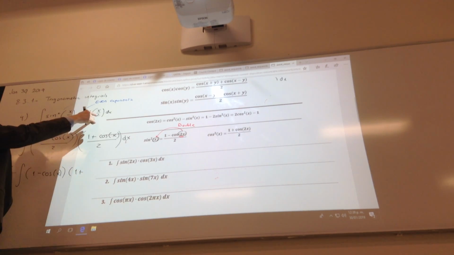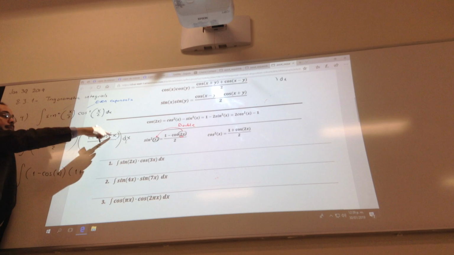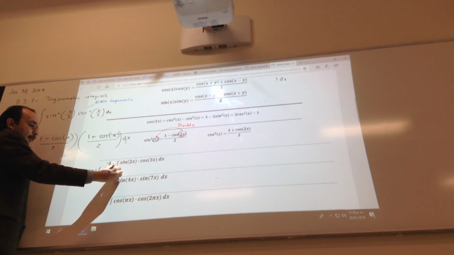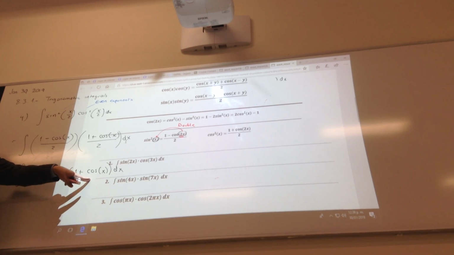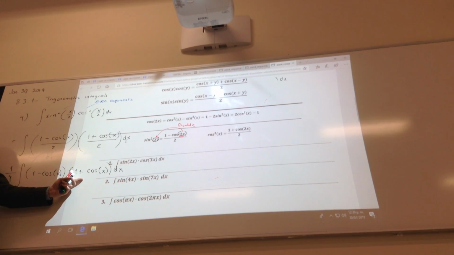Porque es el doble del argumento. Si el argumento se empieza entre 2, el doble ¿cuánto es? 1. Okay. Now what? We're going to multiply this times this. 1 minus cosine times 1 plus cosine is what?